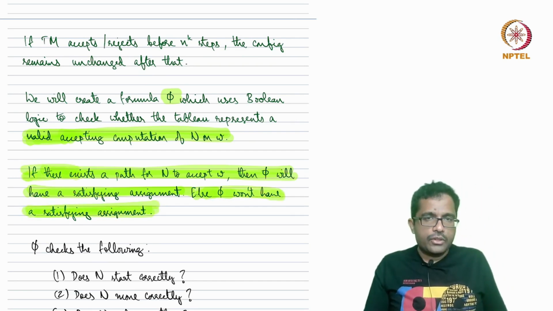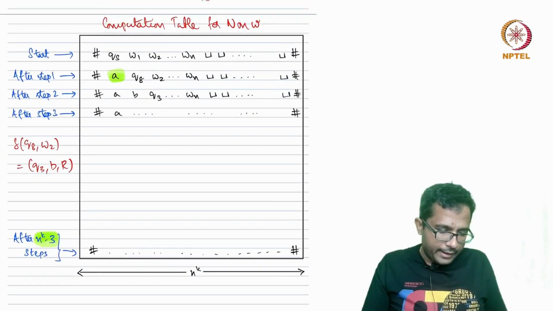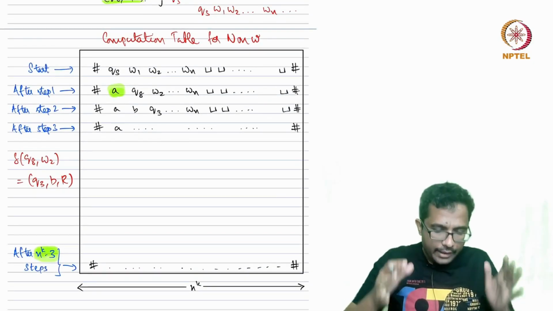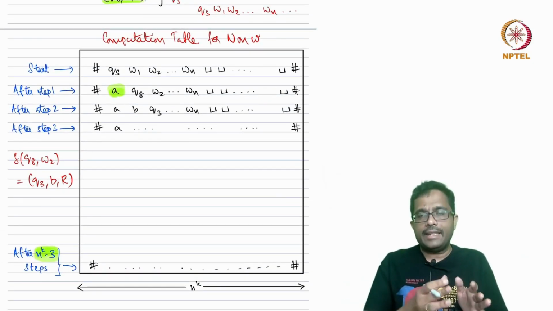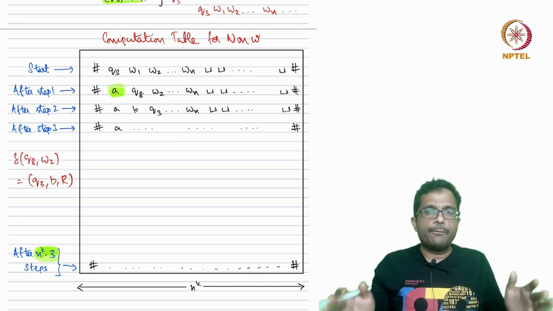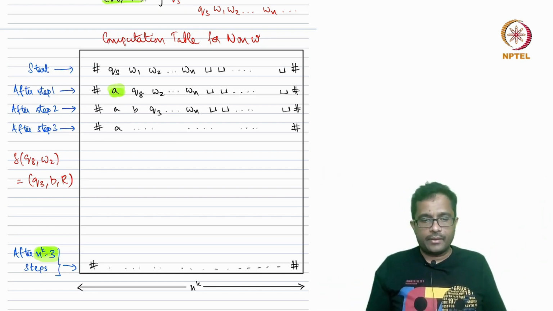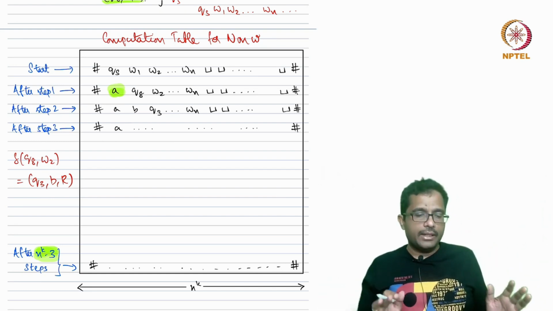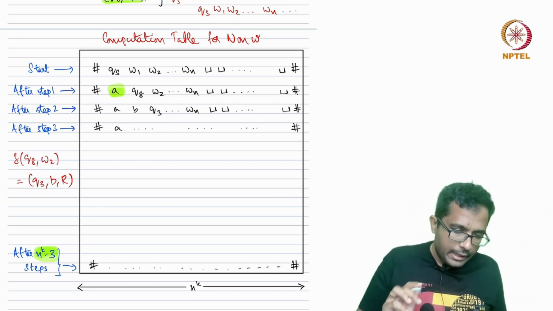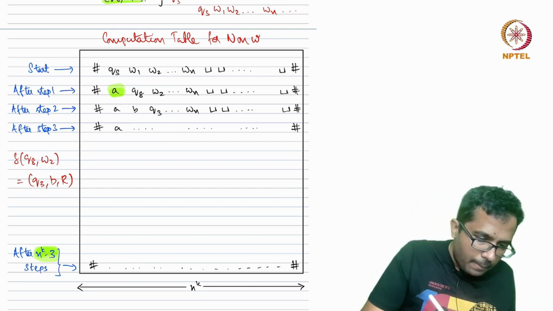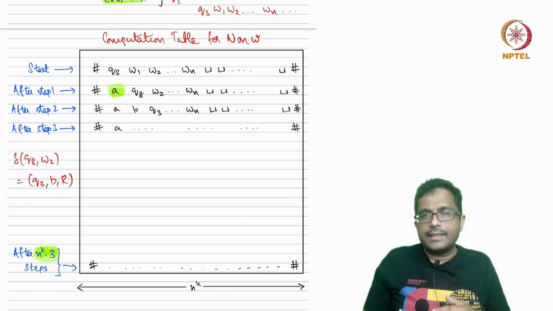So the idea is to somehow encode this computation table and check whether there is a sequence of computations that lead to accept. The formula will have to check multiple things, right? It will have to check that this is a valid sequence of computations.